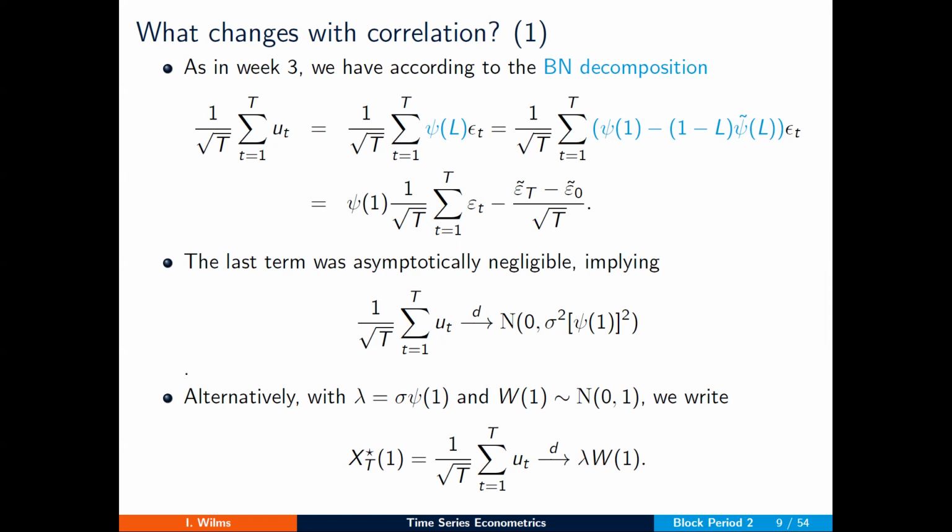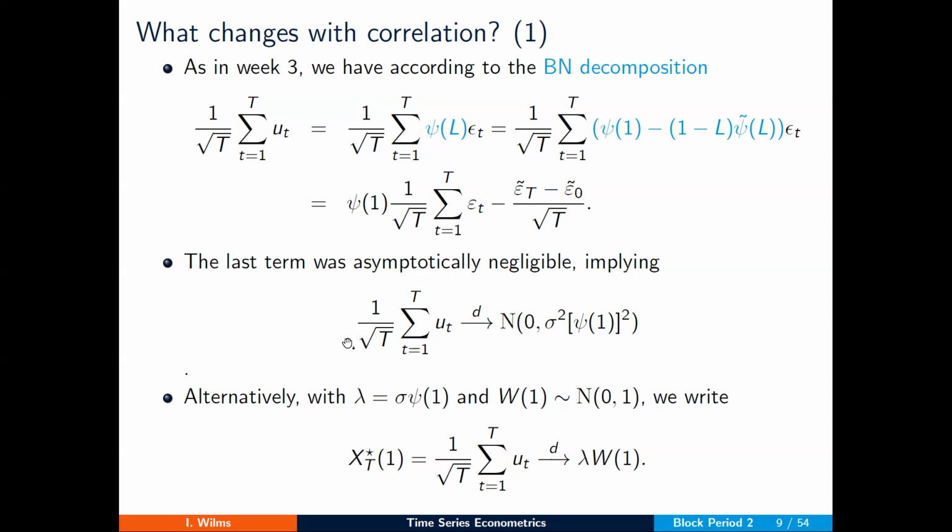Remember from lecture week 3, we called this asymptotic variance the long-run variance, and we used the notation lambda squared for it. So I can alternatively rewrite this result where I introduce the lambda notation for the long-run variance, and I go back also to my Brownian motion notation.